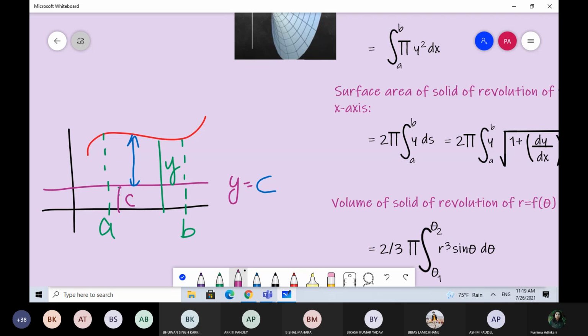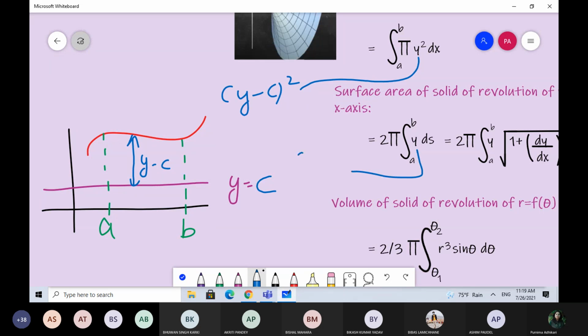So the total final height is y minus c. In this formula, wherever there is y, just replace it by y minus c. Here there is a square too, but here there is only y. So simply y minus c.